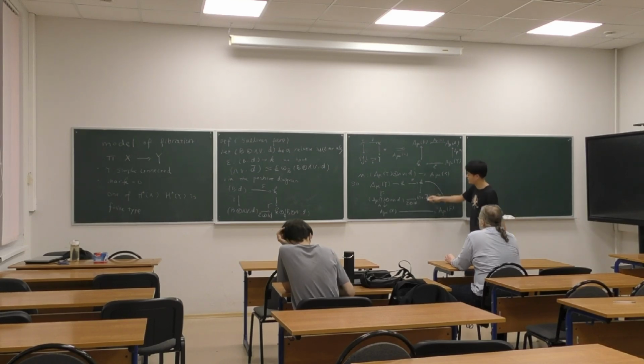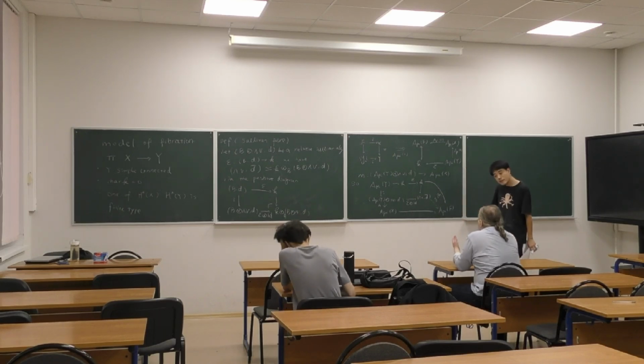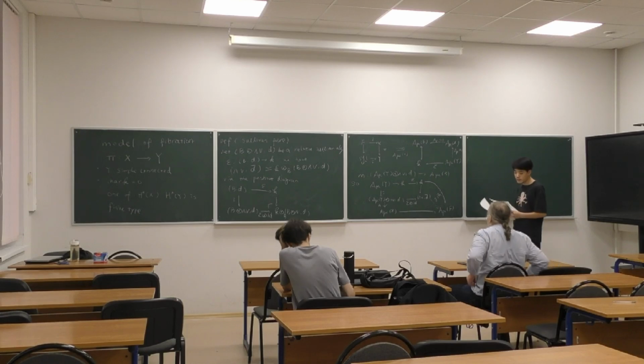This is because we use the push-out property, and we want to prove this is a quasi-isomorphism. There is a map by general nonsense, but we want to prove that this map is a quasi-isomorphism, which is non-trivial. It doesn't follow from general nonsense.